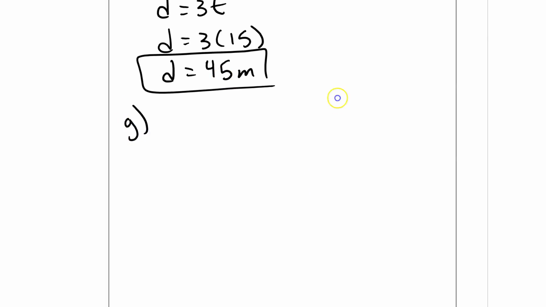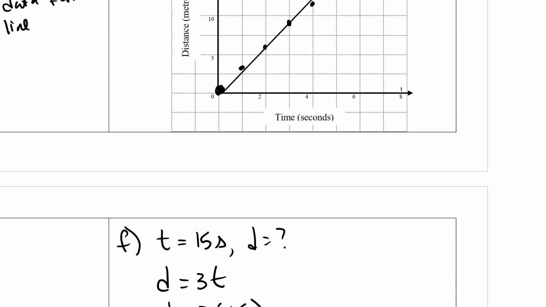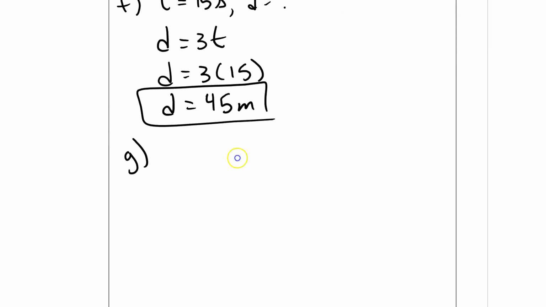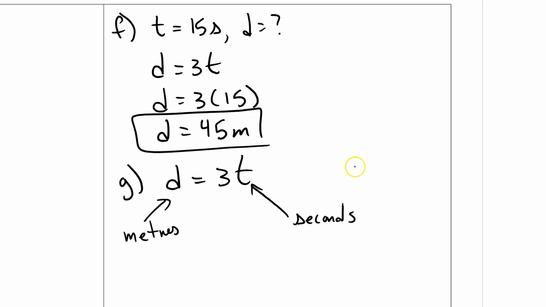The next question. How long does it take Marcy to travel 1 kilometer? So this is a bit of a tricky one because we know that if we were to write this out, D equals 3T, we know that T is in seconds and distance is in meters. But we have been given 1 kilometer.